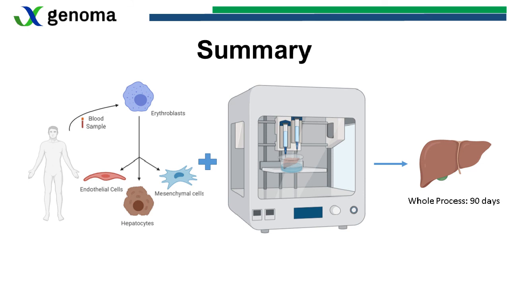This organ is indeed autologous to the original patient, and this whole process today takes us around 90 days, from the blood collection to the final maturation of the bioprinted liver.